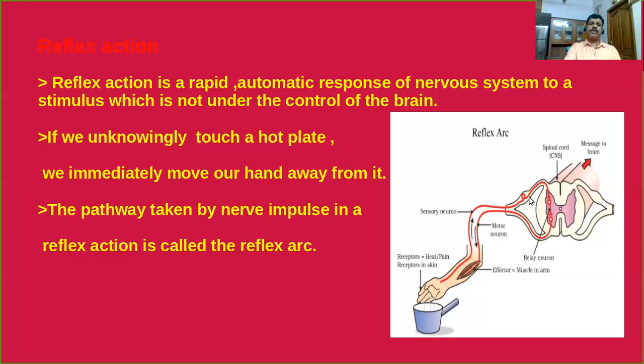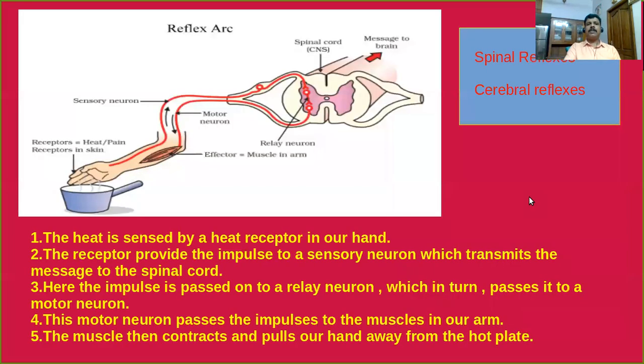Now we are going to discuss in detail the reflex arc in this type of reflex action. Listen, dear students, in this diagrammatic representation, first of all, our hand touches this hot plate unknowingly. What happened? The heat is sensed by a heat receptor in our hand.